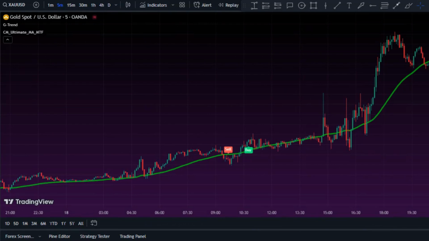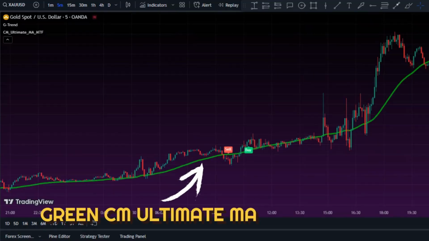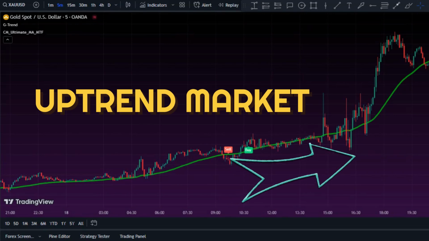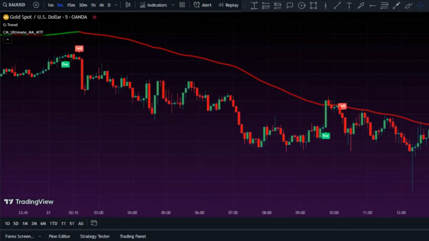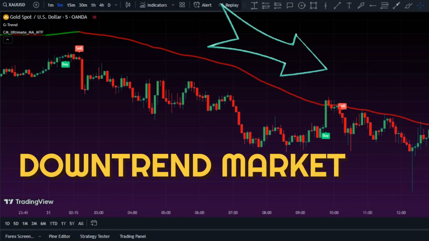With this indicator, you'll easily be able to visually identify trends. If the indicator is green and candles form above it, you can recognize an uptrend is happening. And likewise, if the indicator is red and candles form below it, you can recognize a downtrend.